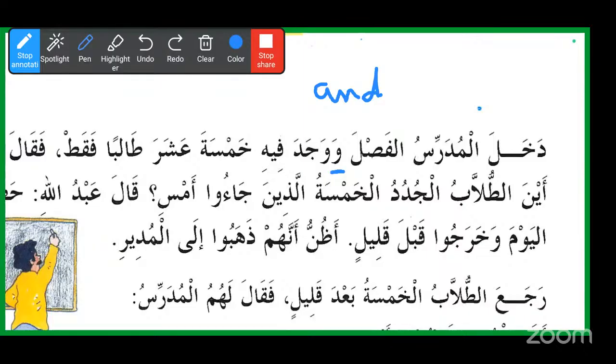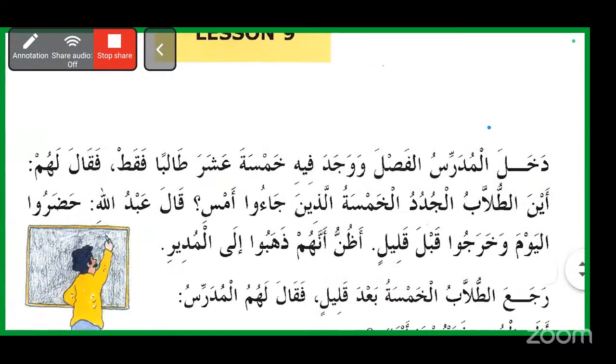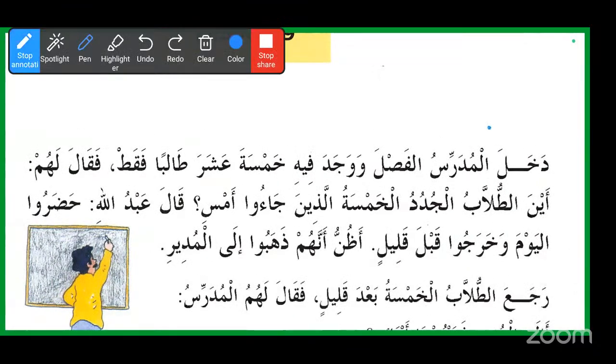If you want to connect several sentences together, you insert waw in between them. He came and he sat down on the chair and he talked to me. All the sentences are joined together with waw. This is called waw ataf, which means the connecting waw.